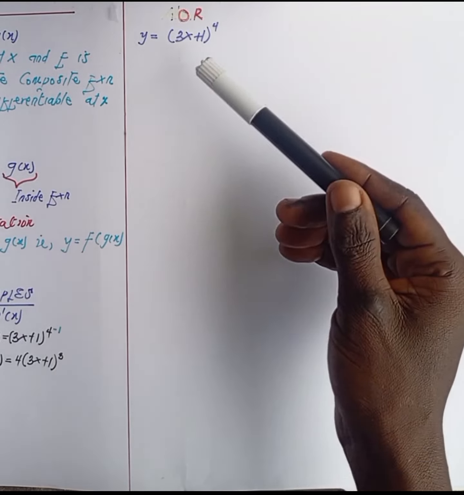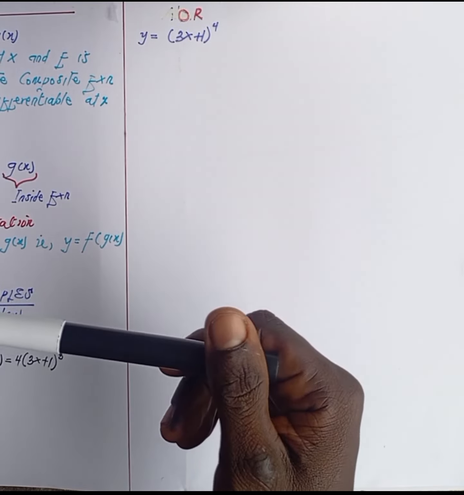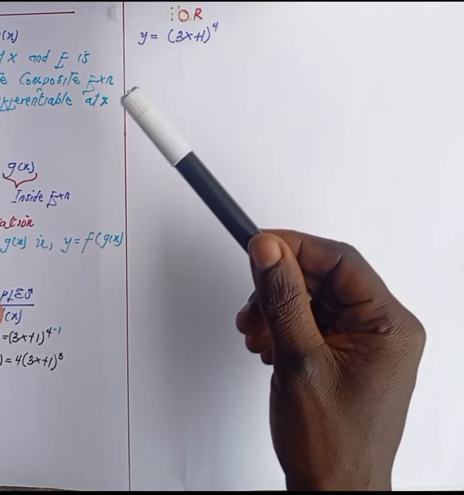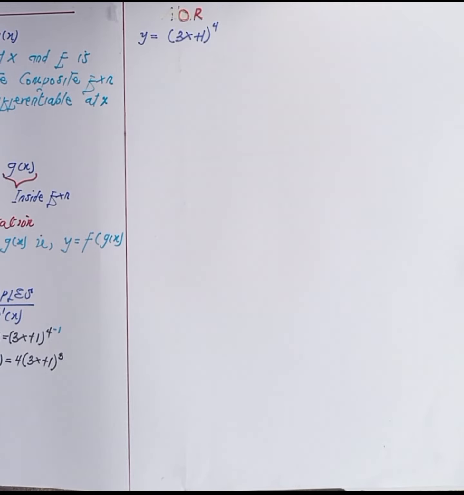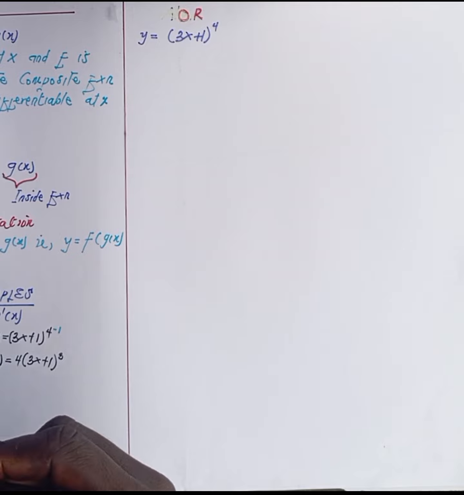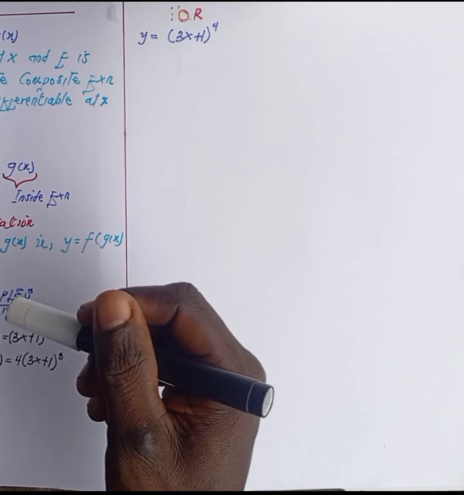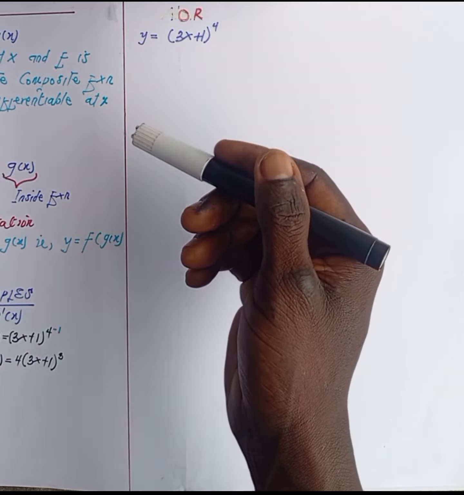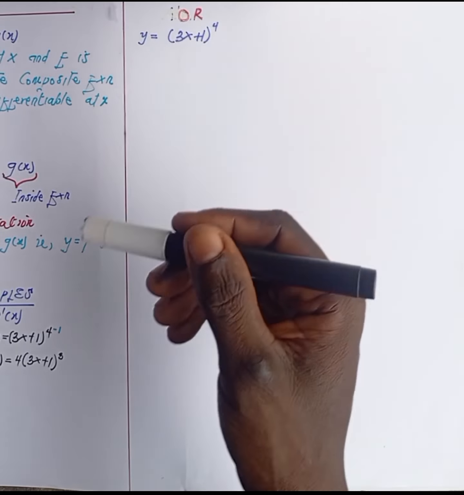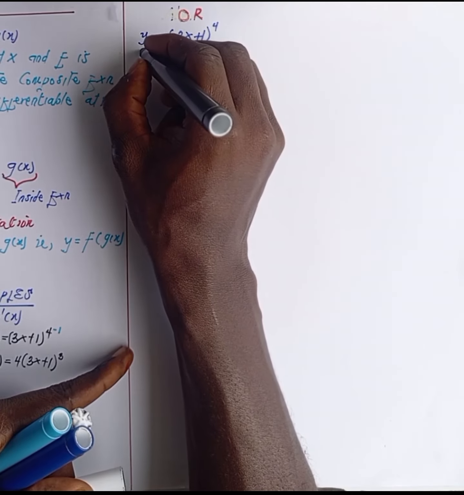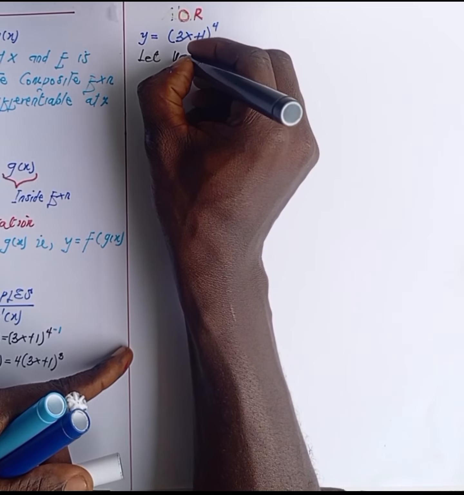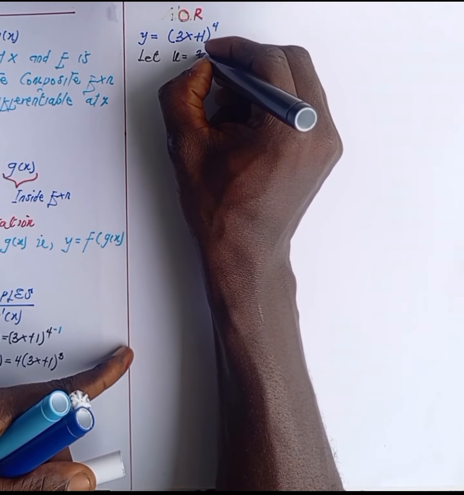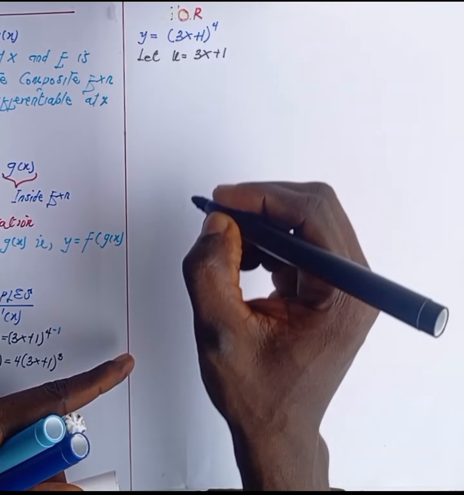Now with the same question, let's try to use the Leibniz method to solve the same question. What we are going to do here is let the variable u be equal to the function inside. So we are going to let u be equal to the function inside, 3x plus 1.